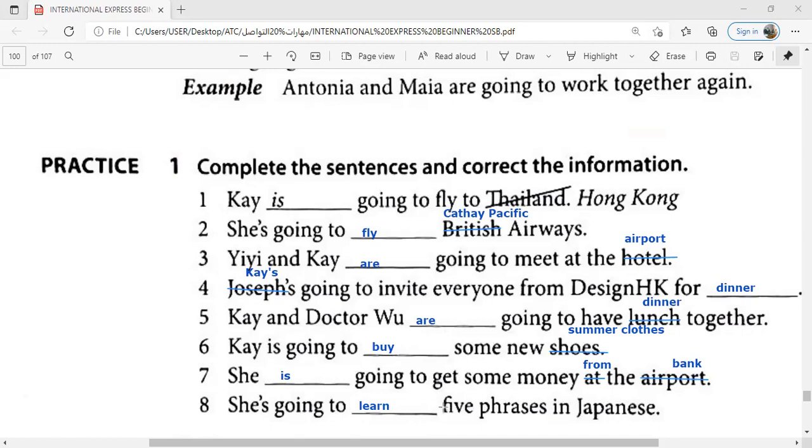Okay, high mistake. 10 here. Japanese. Chinese. Yeah. They speak Chinese in Hong Kong. So here you have 10, not 5. And here we have Chinese, not Japanese. Okay. So this is the idea.